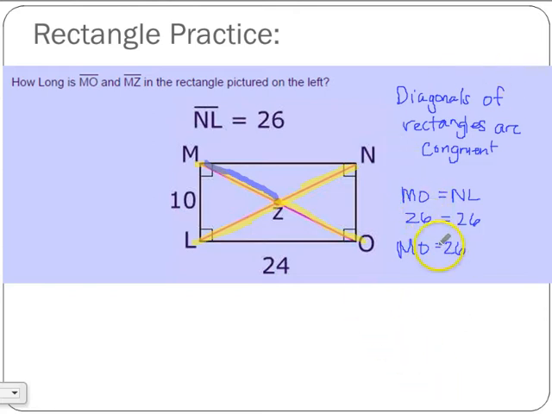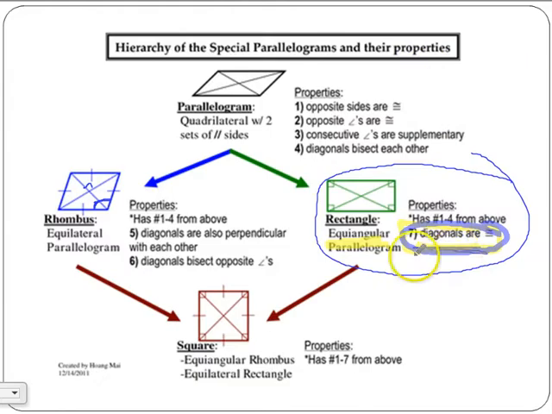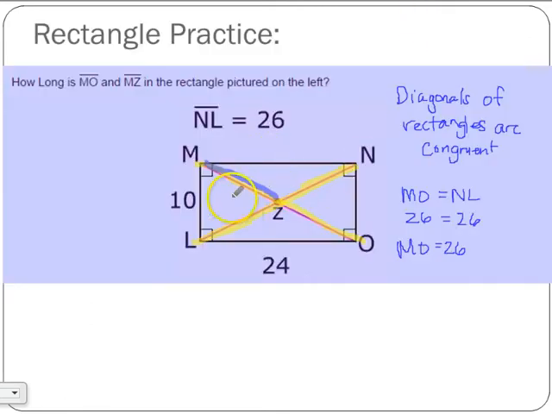What else did we learn? We know that the diagonals bisect one another. So each piece is going to be congruent.